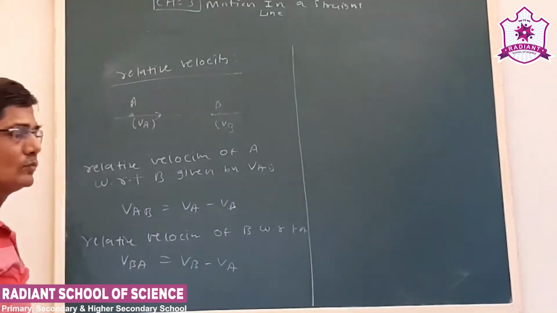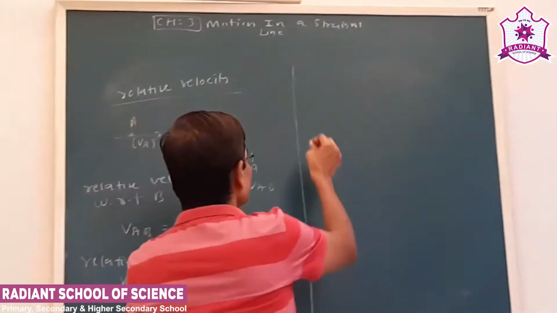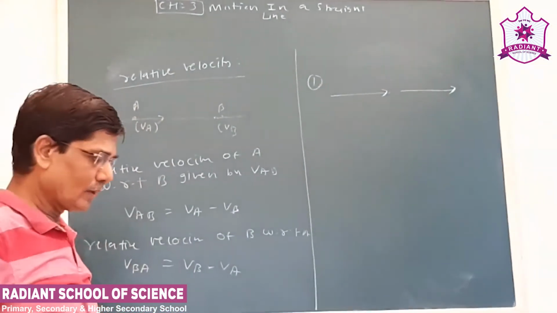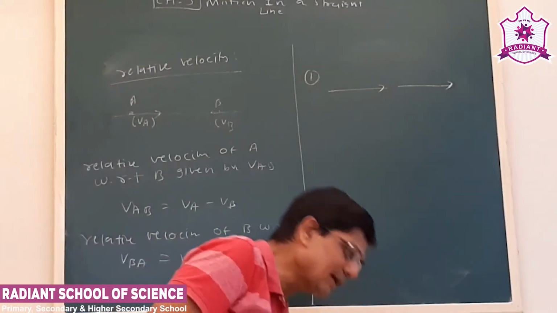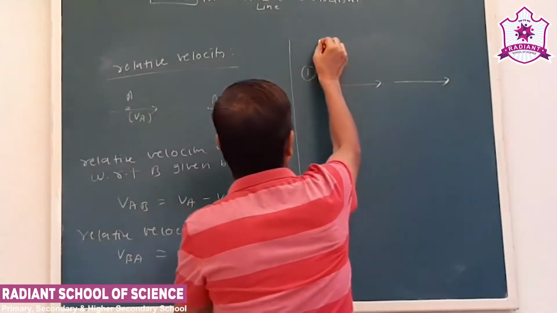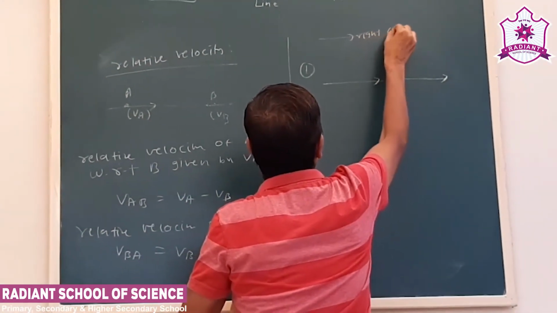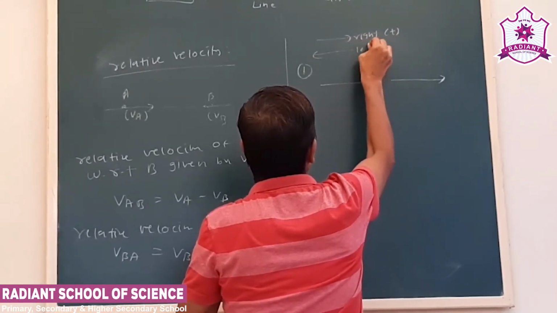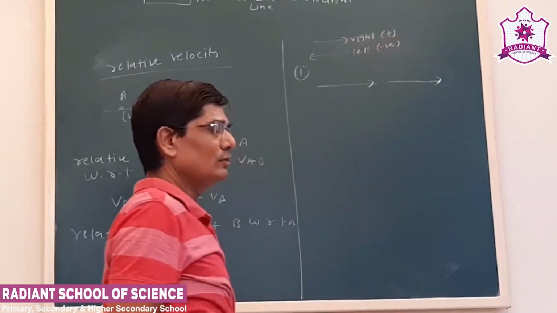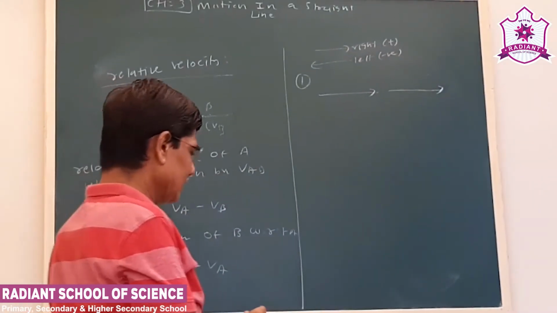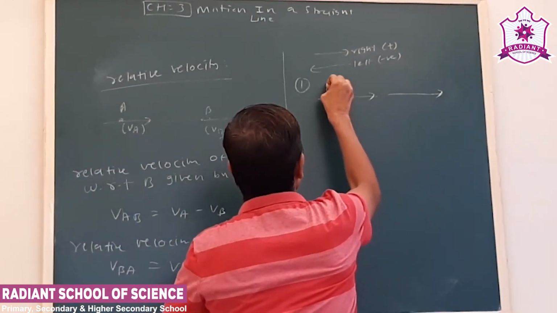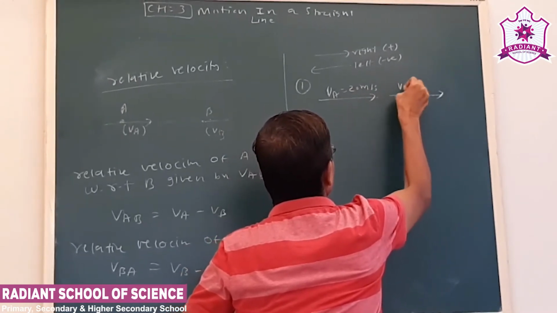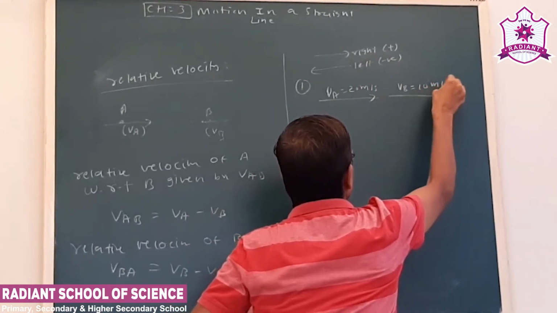Now in that case, there are four possibilities. First, both move in the same direction. For our Cartesian convention, velocity toward the right-hand side we consider positive and the opposite side negative. By taking a simple example, we can study this. Let us say VA is 20 meters per second and VB is 10 meters per second.